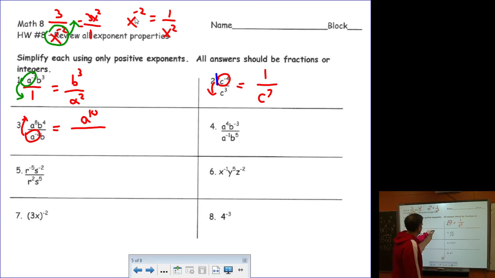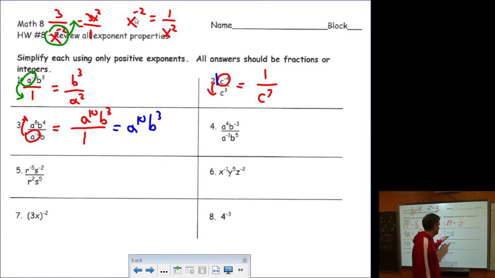So that's like 4 b's on top, 1 b on the bottom. You cancel out anything they have in common. That leaves me with 3 b's on top still. And the only thing left on the bottom is the original coefficient of 1. And of course, we know a better way to write that answer. When everything is over 1, you don't need the 1.